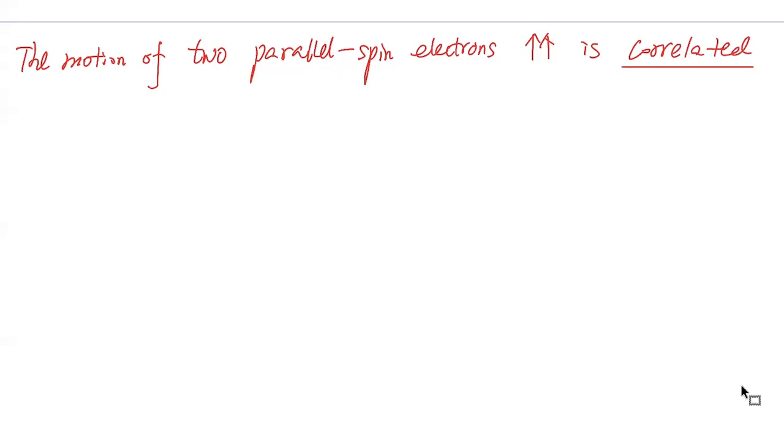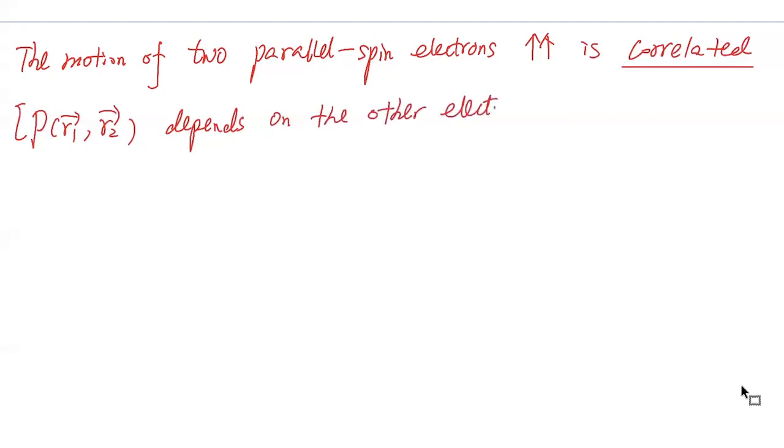Right? That means the probability for finding electron 1 at R1, electron 2 at R2 depends on the other electron. So the probability of finding a particular electron depends on the other electron.